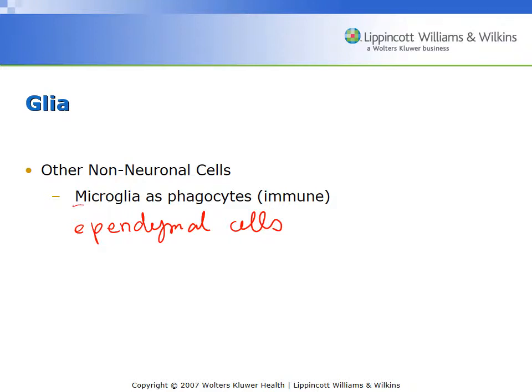The second class is microglia. Microglia in this case refers to the phagocytes, which are part of the innate immune system. They can remove debris by dead cells and so on and so forth. They can take care of the degenerating neurons.